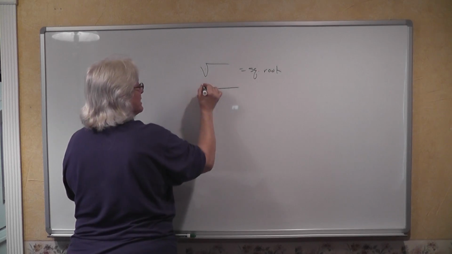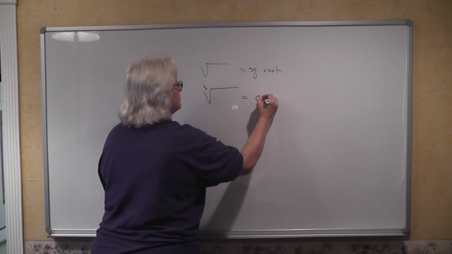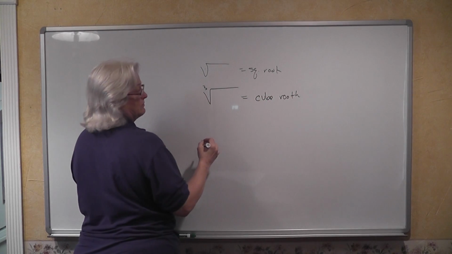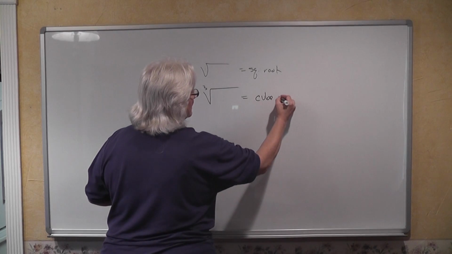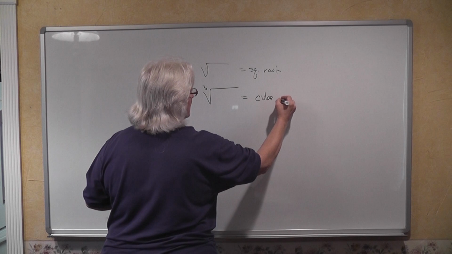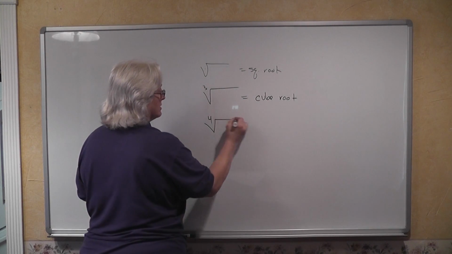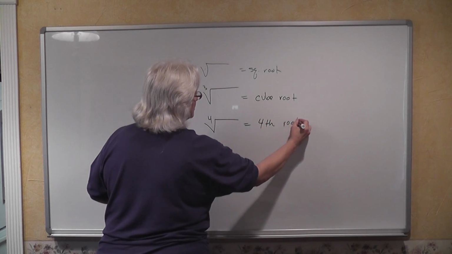If we have a 3 right there, that's what we call the cube root. My hand and mouth can't keep up. Cube root. If we have a 4, that becomes the 4th root.